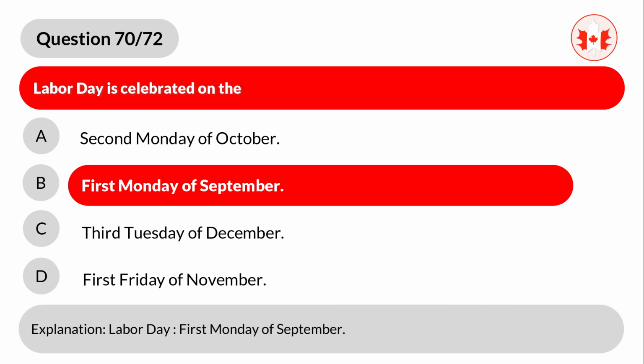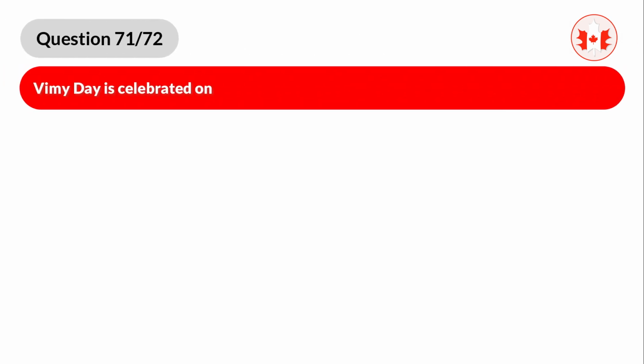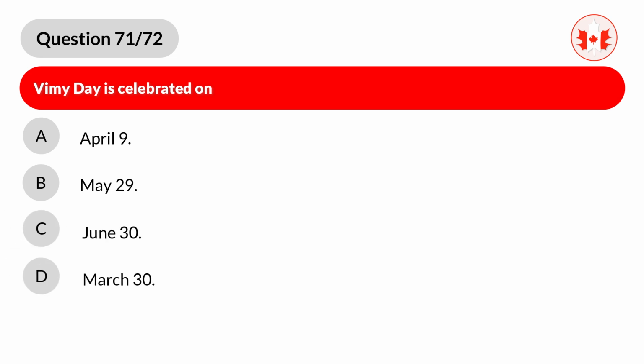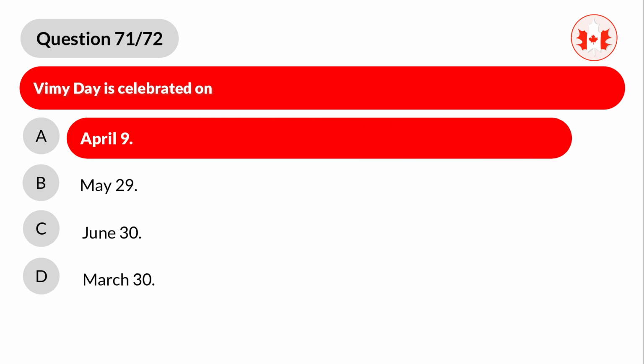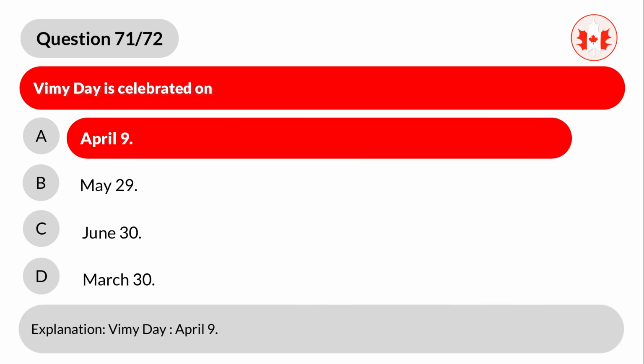Explanation: Labor Day, first Monday of September. Question 71. Vimy Day is celebrated on A. April 9th. B. May 29th. C. June 30th. D. March 30th. The correct answer is A. April 9th. Explanation: Vimy Day, April 9th.